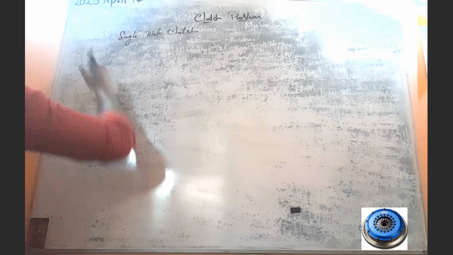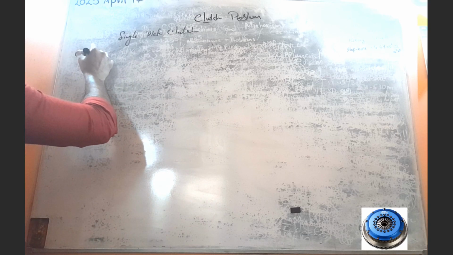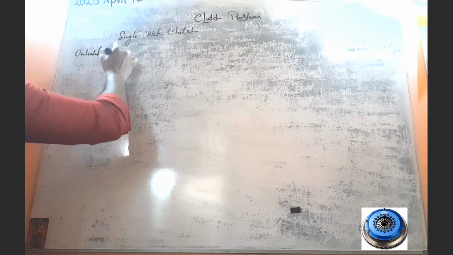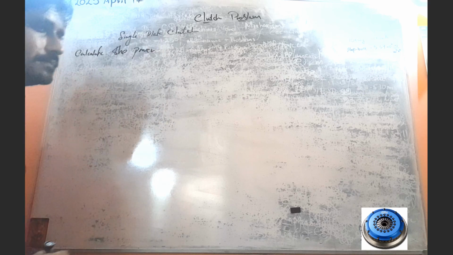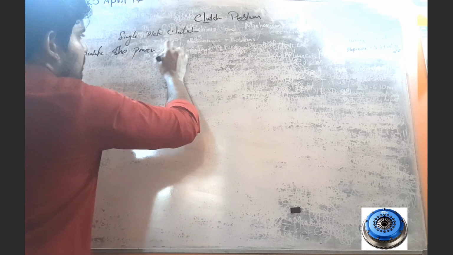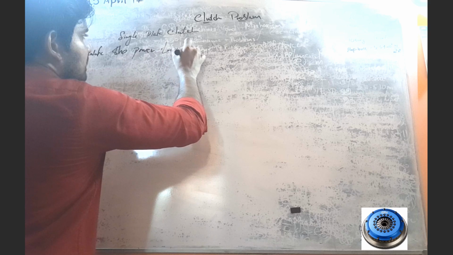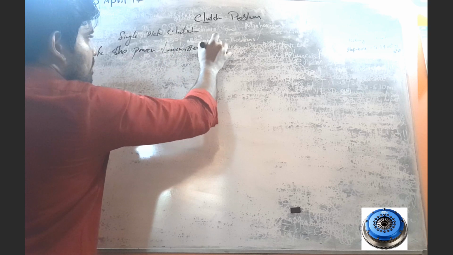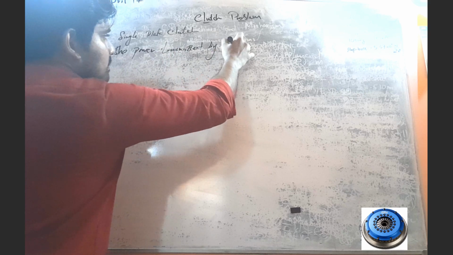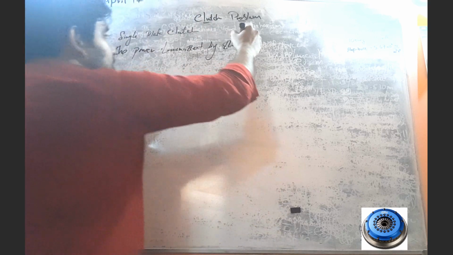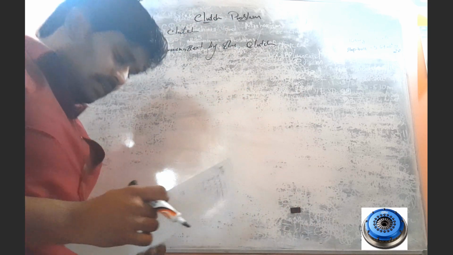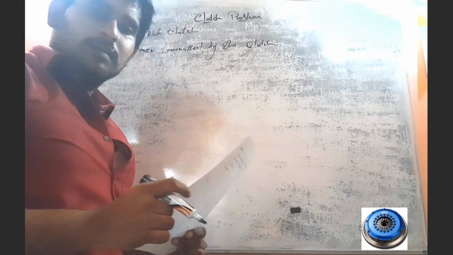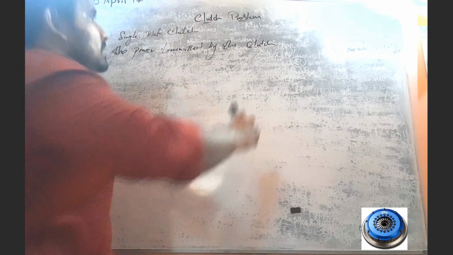We need to calculate the power transmitted by the clutch at 3000 RPM.